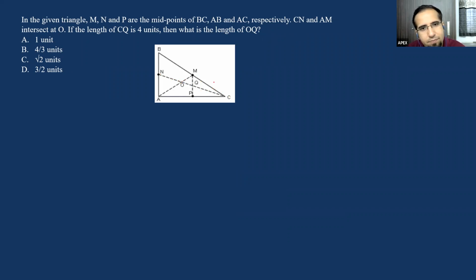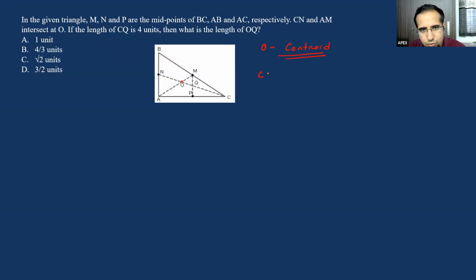Okay, so if I look at it this way, first of all, O is the intersection of two medians. So I can say that O is the centroid. Point number one.